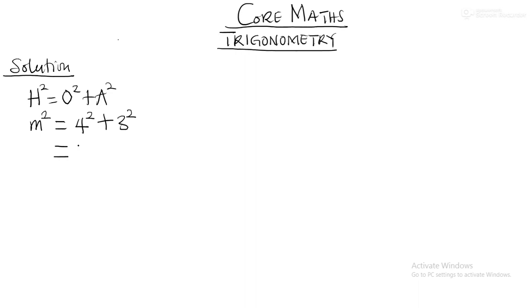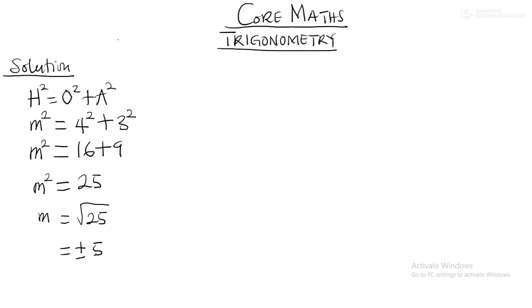So now we have 16 plus 9, and this gives us 25 for m squared. Finding the square root of both sides, we have m equals the square root of 25, which gives us plus or minus 5.